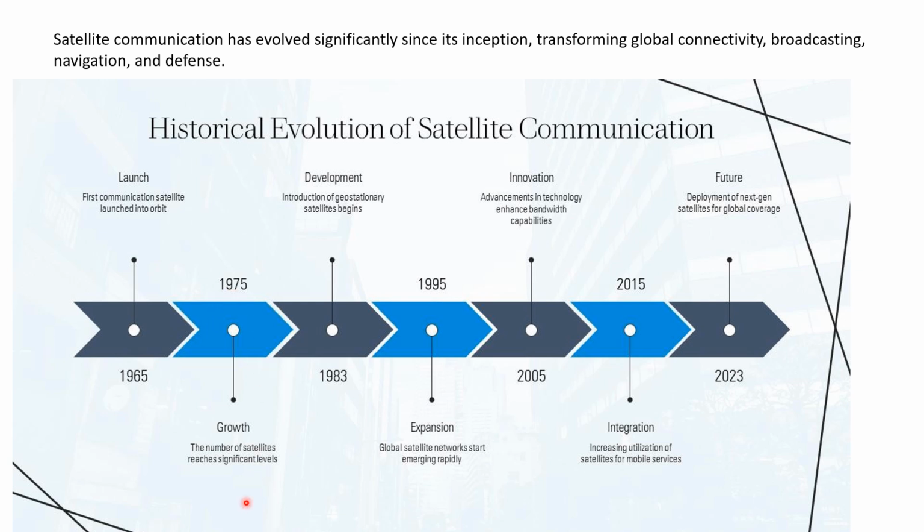The number of satellites reaches significant levels. Next comes the development in 1983, where new geostationary satellites were introduced. This development expanded in 1995, and global satellite networks started emerging rapidly.